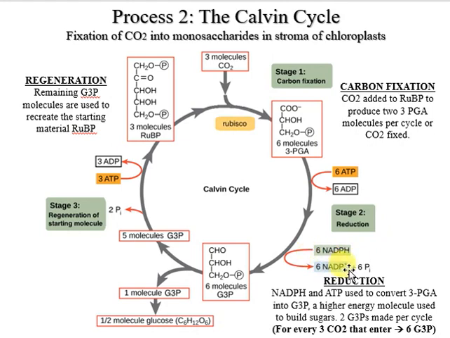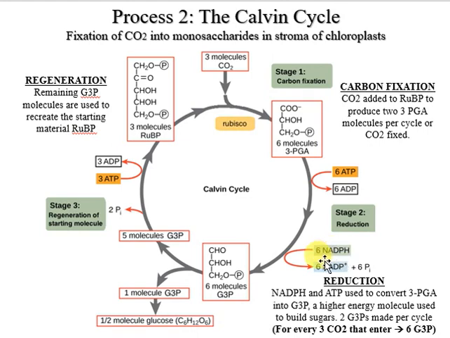Following that, you have your second redox reaction. So a pair of electrons from NADPH reduces each 1,3-biphosphoglycerate into G3P. Right?